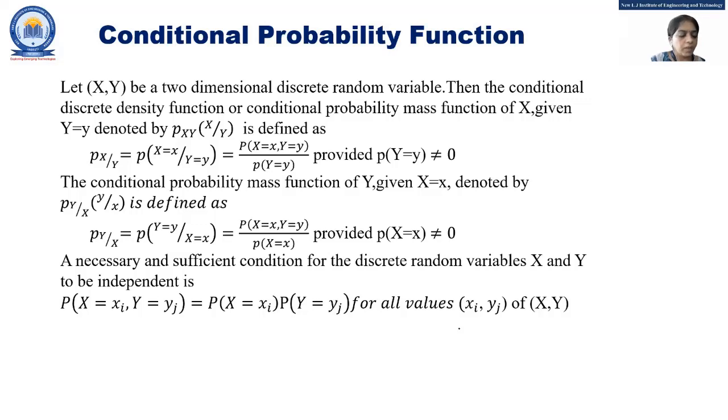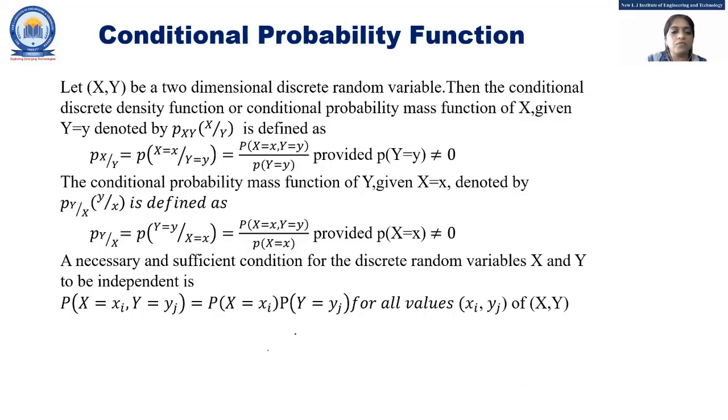And the last here, conditional probability function. Let X and Y be a two-dimensional discrete random variable, then the conditional discrete density function or conditional probability mass function of X given Y equal to small y, denoted by p_X|Y(x|y), is defined as P(X = x | Y = y) equal to P(X = x and Y = y) upon P(Y = y), provided that the denominator must not equal 0.